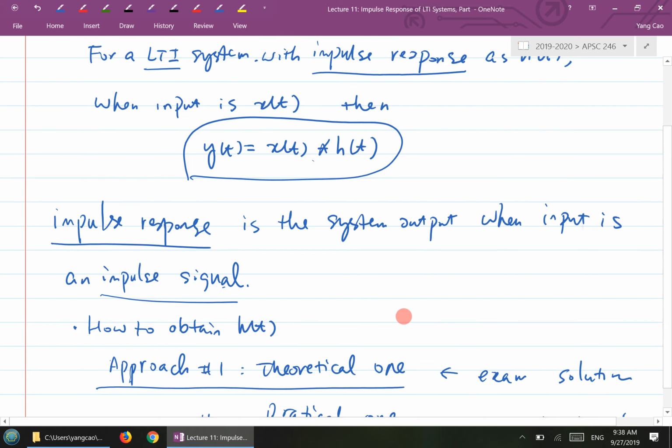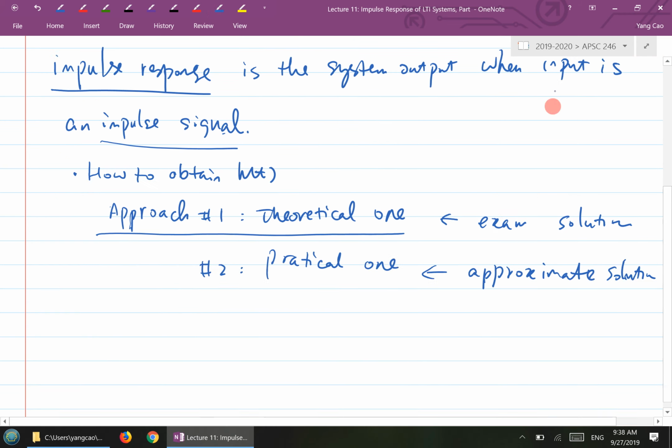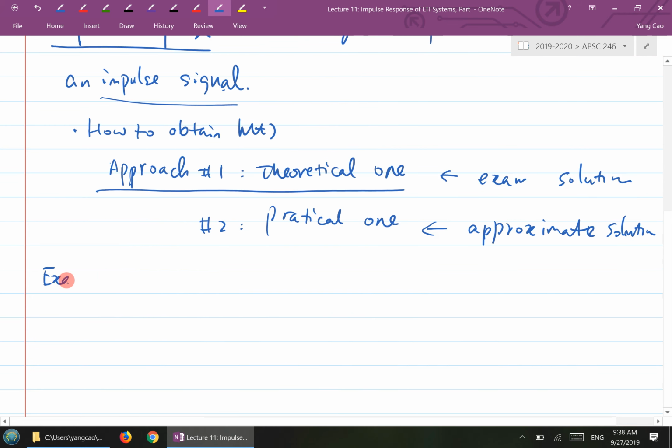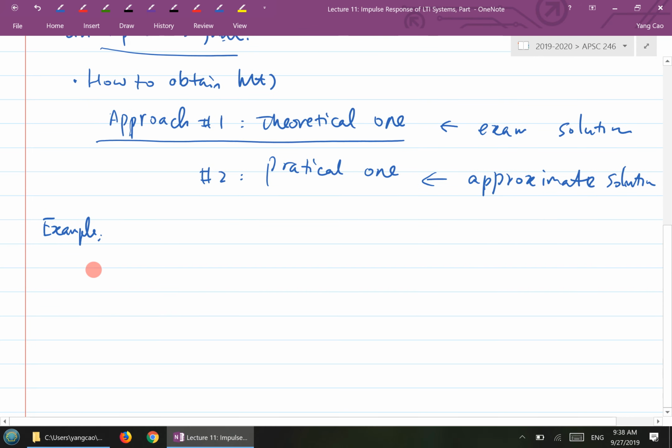Okay, but what I want to do next is give an example by applying this theorem to an LTI system. So here's an example. This is a very typical question that you could see in the midterm. The question could say that if input x of t is delta t, interpret every one of the words here appropriately.